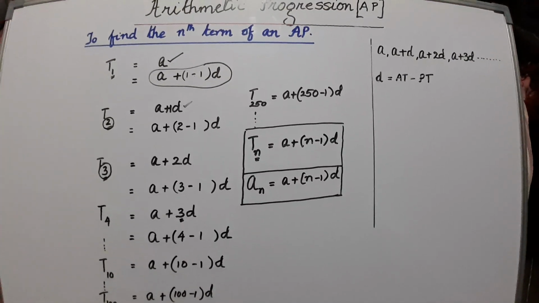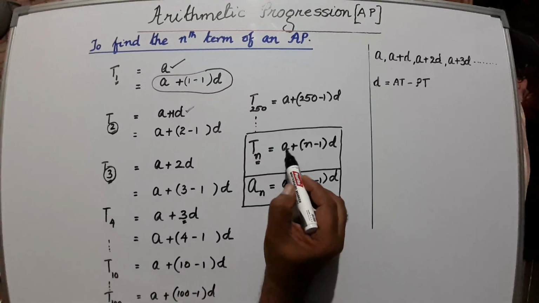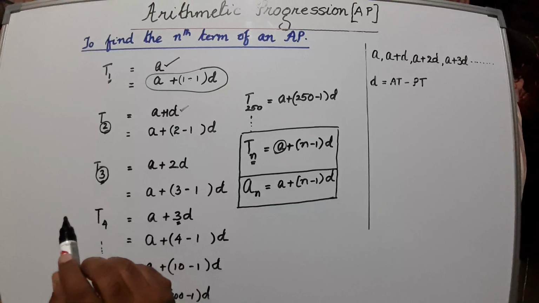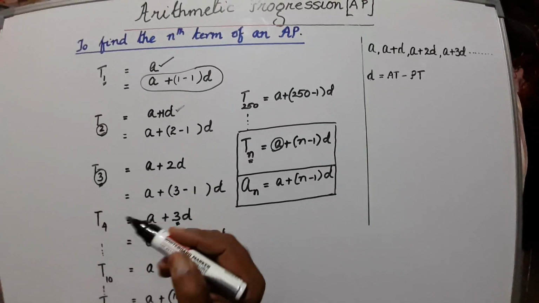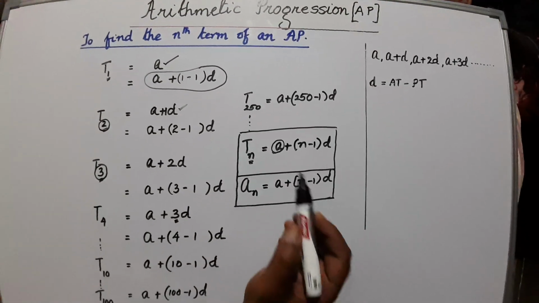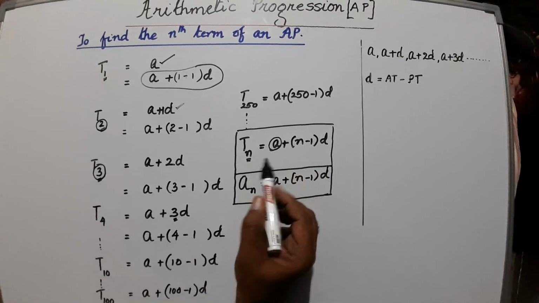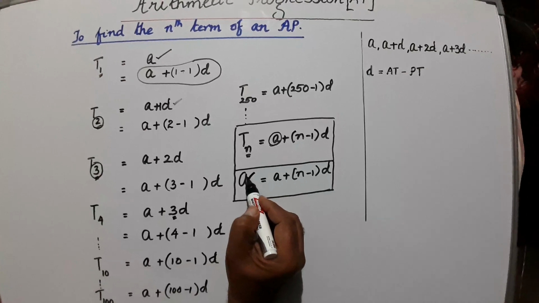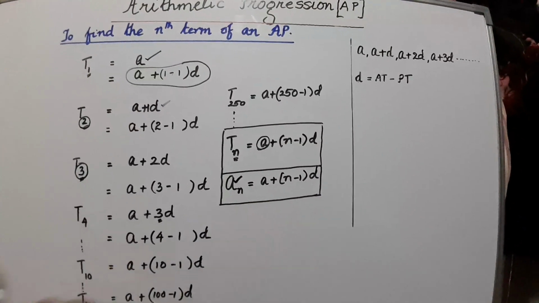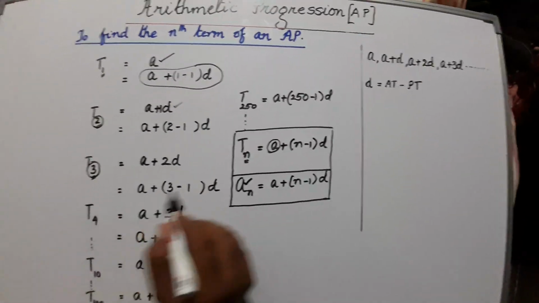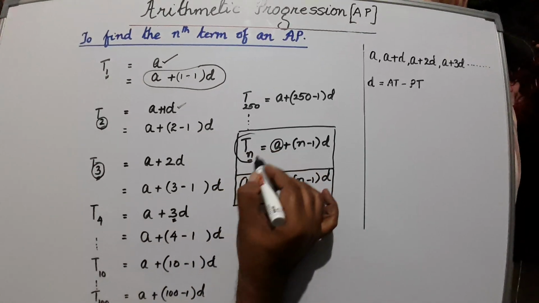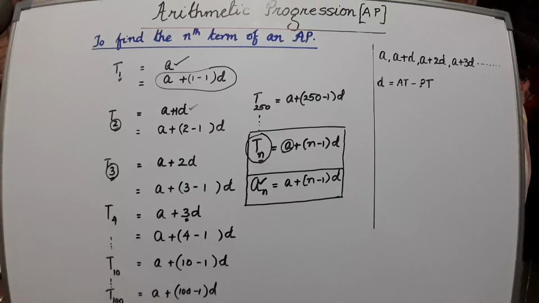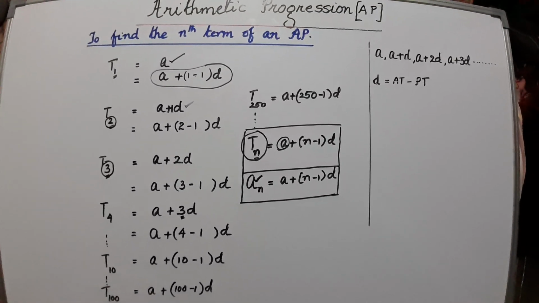Why? Because already we have one a in the term, the first term, and that a should not be confused with the representation of the terms. Therefore, I prefer the nth term as Tn is equal to a plus n minus 1 into d.